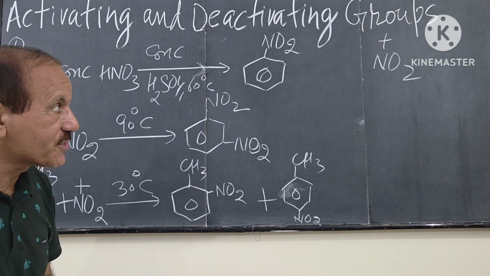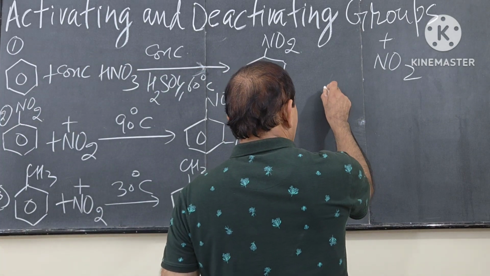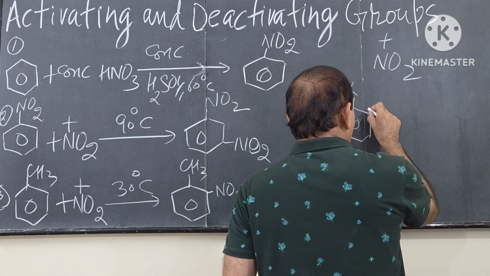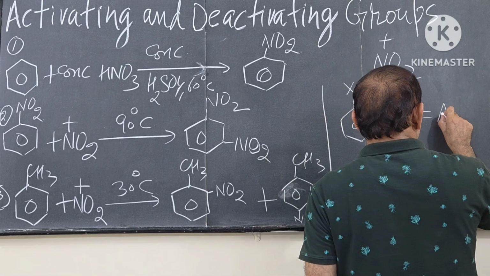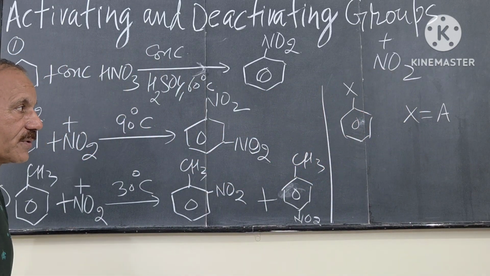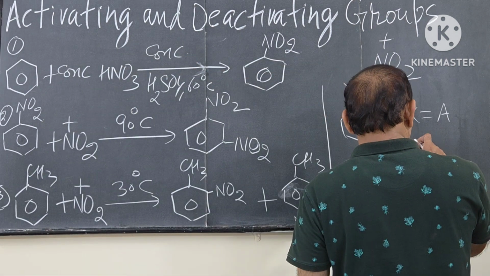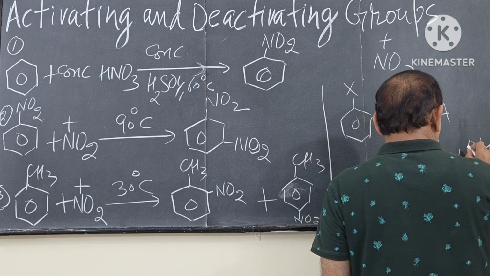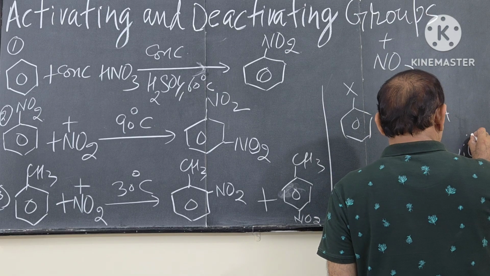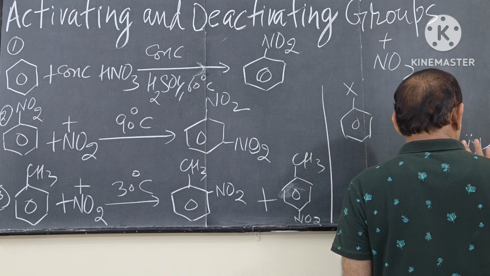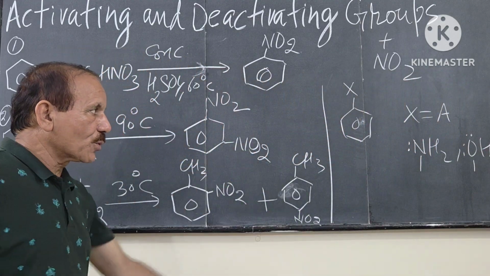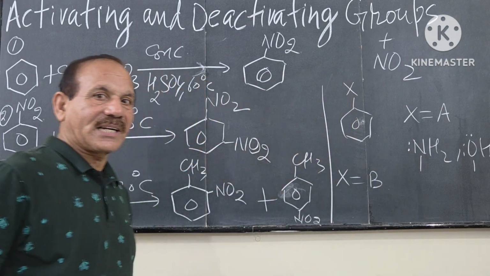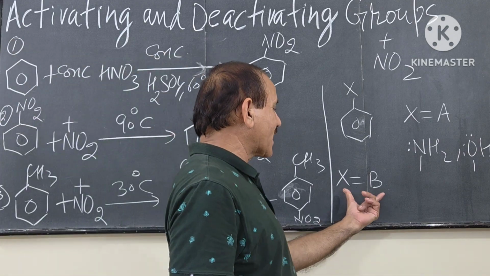So all the groups which are present on the benzene ring, let's say X, are of two types. Let's say X is equal to A, the groups which enhance the reactivity of the benzene ring, and these groups are, let's say, NH2, OH, etc. And some other groups, let's say X is equal to B. These groups decrease the reactivity of the benzene ring, known as the deactivating groups.